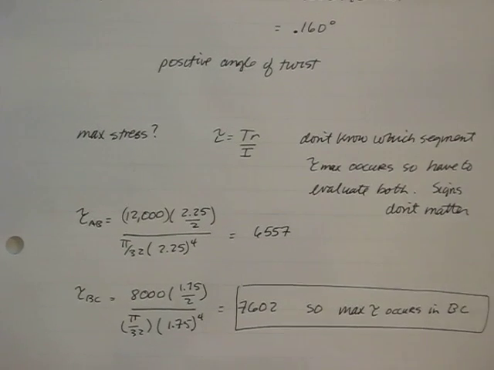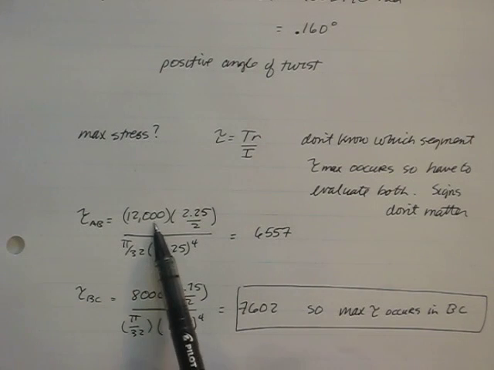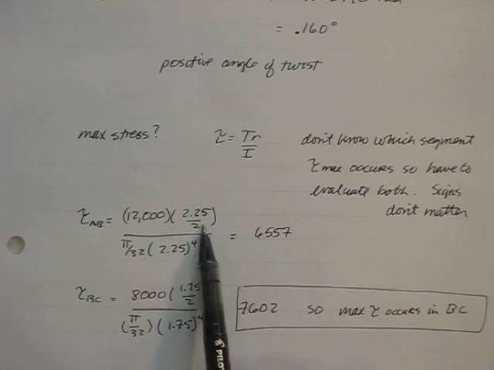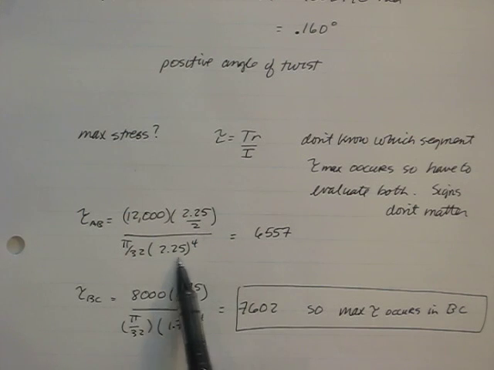So let's do the tau of AB. AB, again, the big section, 12,000 was our net torque that we decided. The radius is the diameter over 2, and then we have pi over 32 times d to the 4th. That's the polar moment of inertia, and I get the stress in section AB is 6,557.